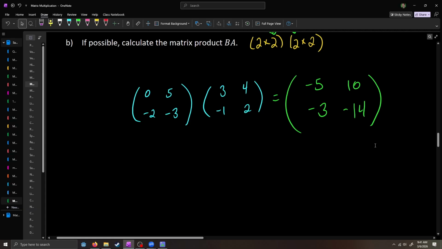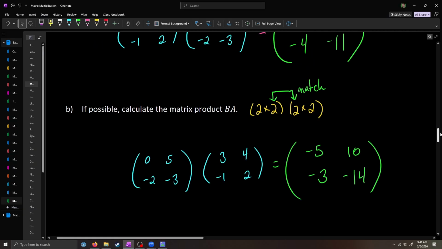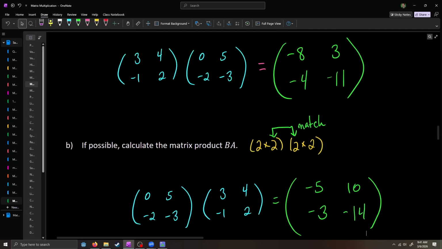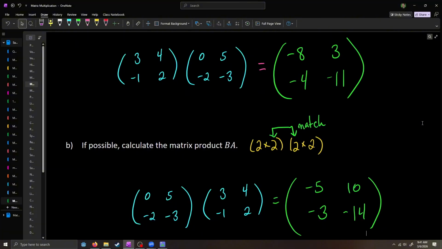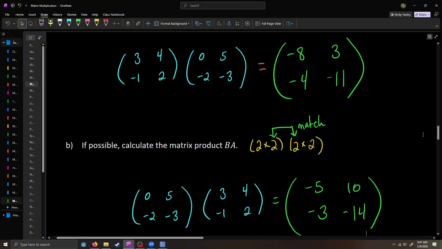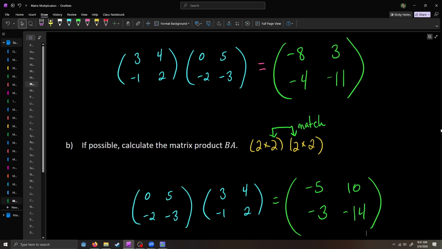So the major takeaway from these two examples that I really want you to note is that matrix multiplication is a lot like cross product and it's a lot like subtraction, where the order of the objects in the operation really does matter.